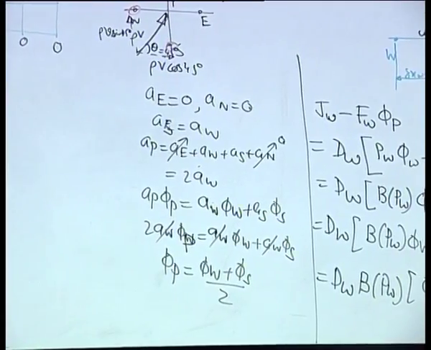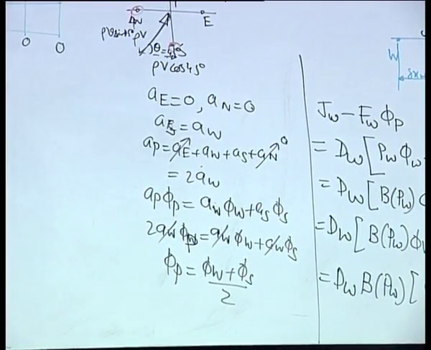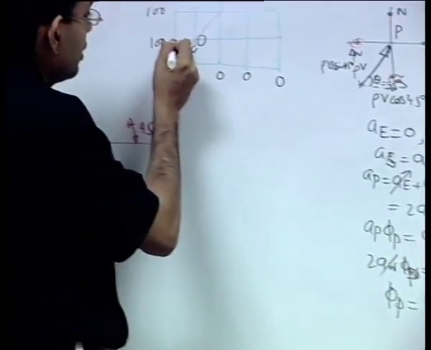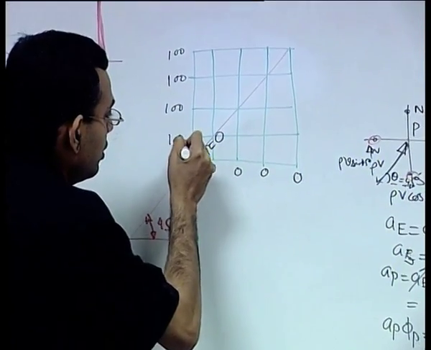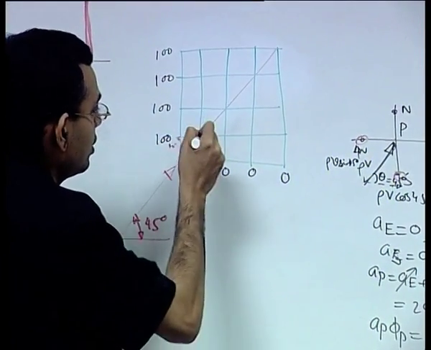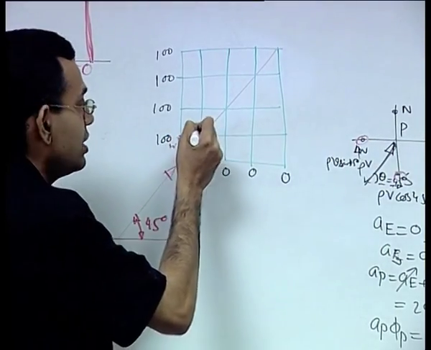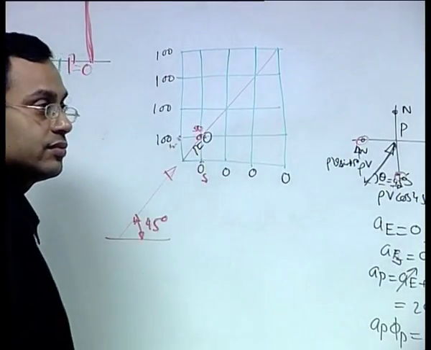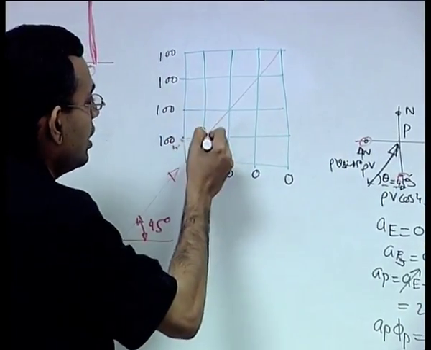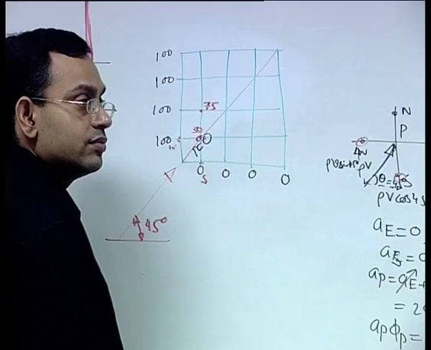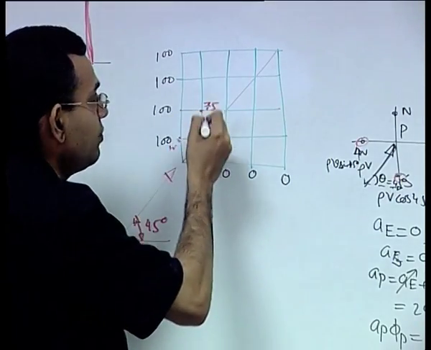So let us see what is the implication. The implication is very interesting. This is like W, this is like S. So this point will be (100 plus 0) by 2, so this is 50. This is 50, this is 100. So this will be 75, right, (100 plus 50) by 2.